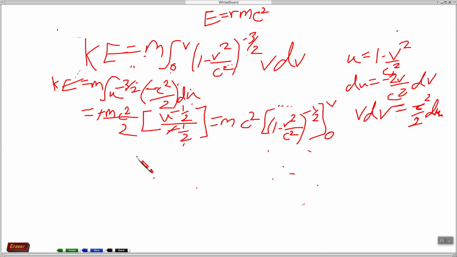And now we're going to use the first fundamental theorem for integrals, which we have learned in calculus. So using that, the kinetic energy formula is mc squared times gamma minus 1.